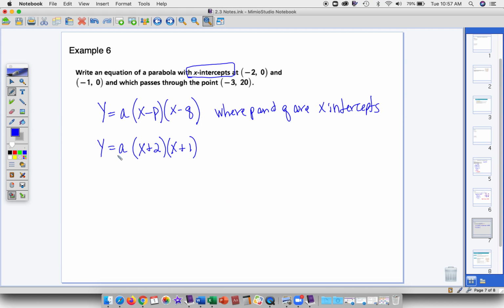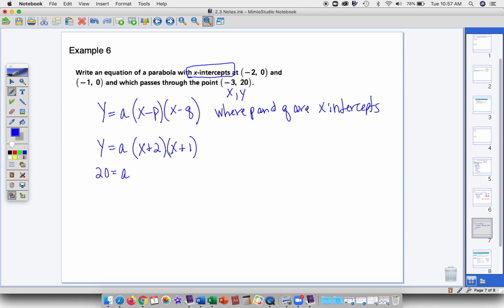Okay, now the a and the y part, this point that the graph passes through gives us an xy coordinate. So I can plug, just like we did in the past in other problems where we use the other forms, -3 in for x and 20 for y, and that'll give me enough to solve for a. So y is 20.